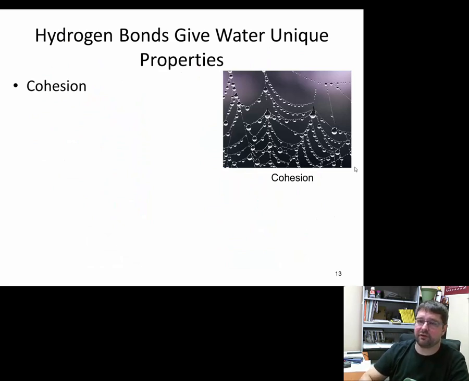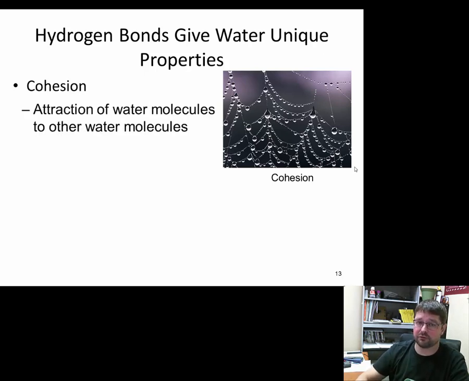Other unique properties that hydrogen bonds really give to life in general, unique properties that allow for life to exist, is the property of cohesion, which is the attraction of water molecules to other water molecules, and is really the premise behind drops of water and what really gives us raindrops.